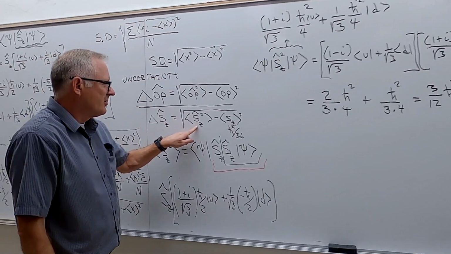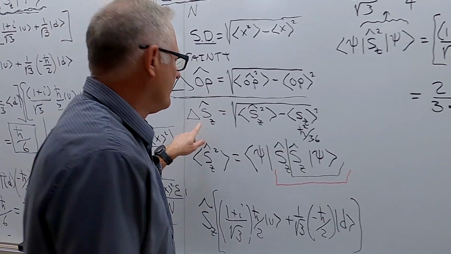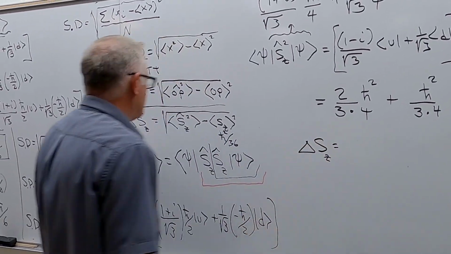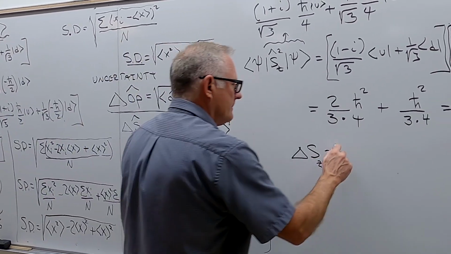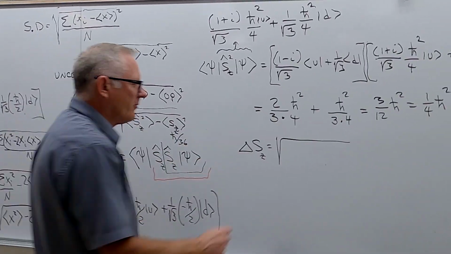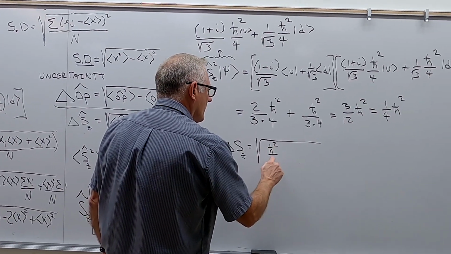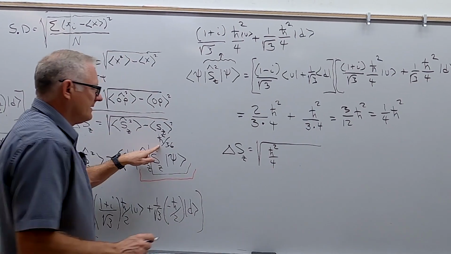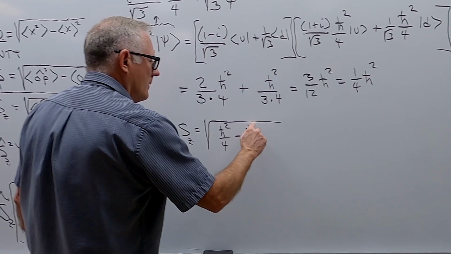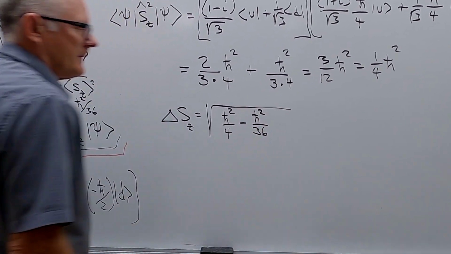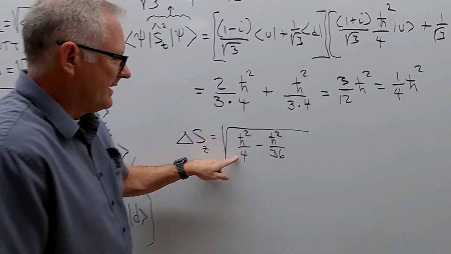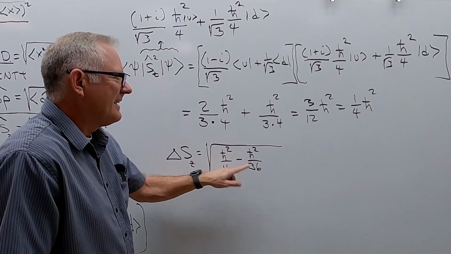So we've got this term, we've got that term, now we can get the uncertainty. The uncertainty in S_z is the square root of this term, which is h bar squared over 4, minus this term, which is h bar squared over 36. Well, this is 9/36 minus 1 is 8/36.